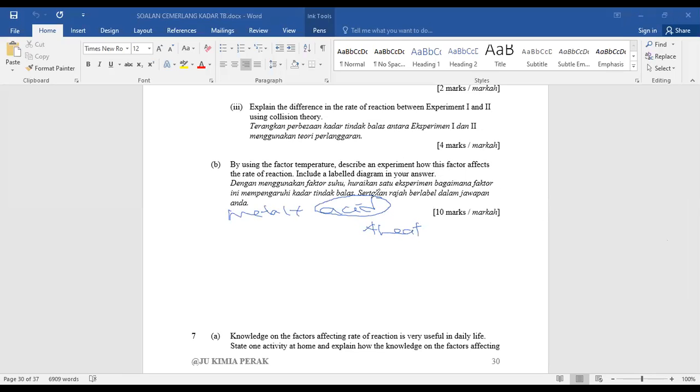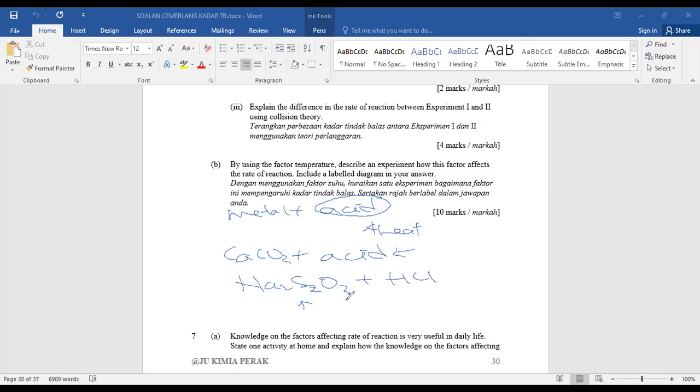Another one, you can use instead of the metal, you can use the carbonate, okay, with the acid. Of course, you are heating the acid as well. Or you can use the one with the sodium thiosulfate with the acid. Then what are you heating? You are heating the Na2S2O3.